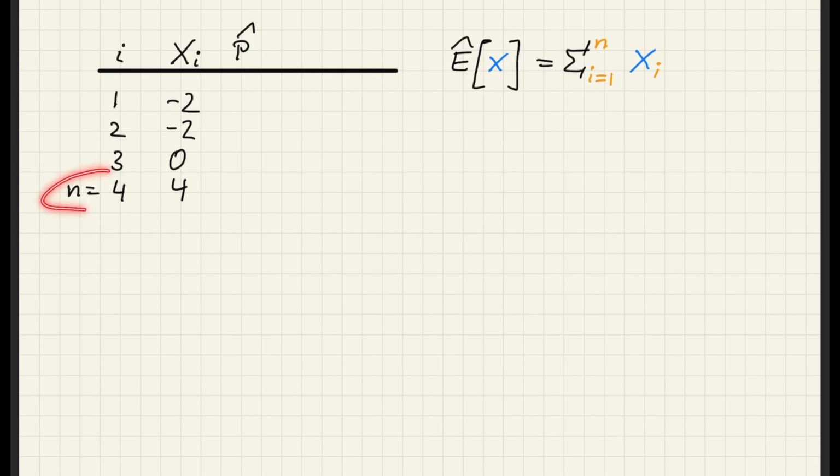We have 4 observations, so every observation gets weight 1 over 4, 1 over 4, 1 over 4, 1 over 4. Okay? So let me add this here as well. Empirical measure of observation i. And since it's the same for every observation, I may as well just write 1 over 4, or, if we are more general, 1 over n for the empirical measure of observation i.